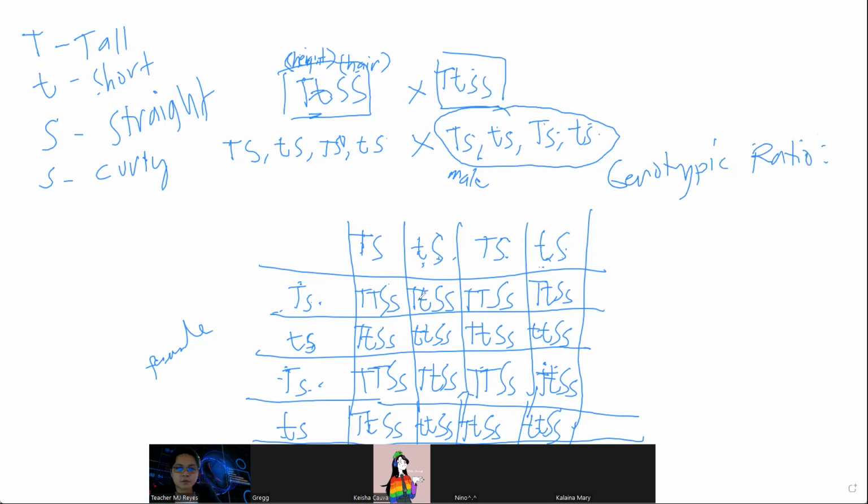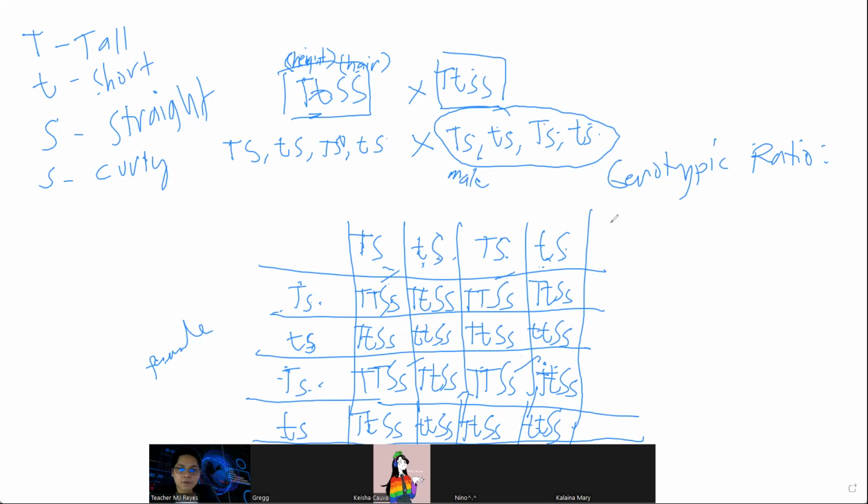Okay. So we have homozygous tall with heterozygous straight hair. 1, 2, 3, 4.